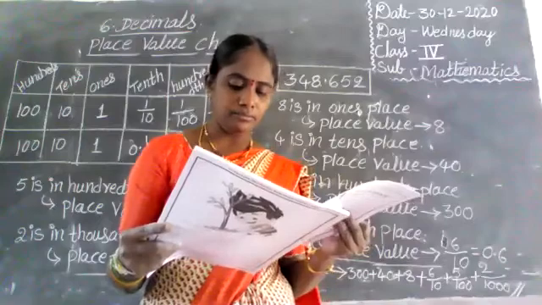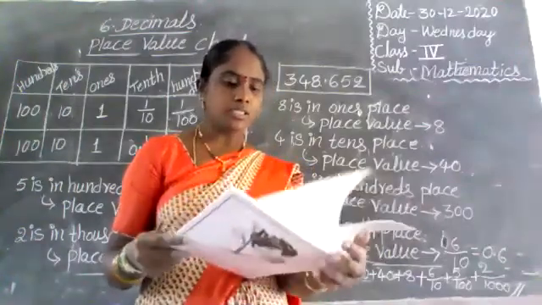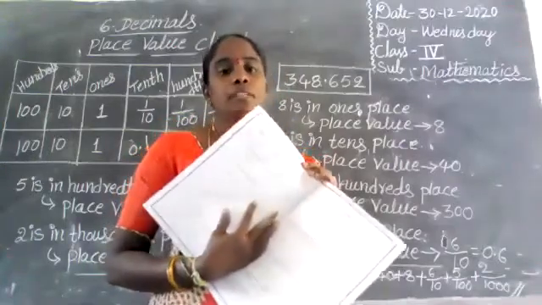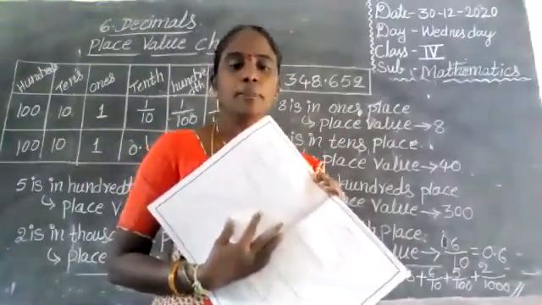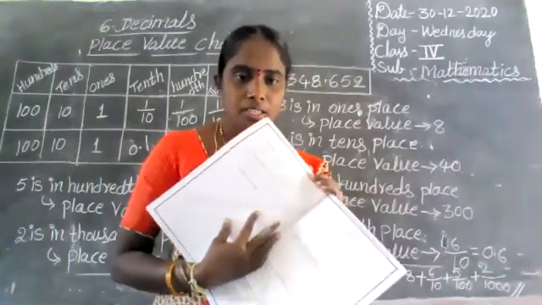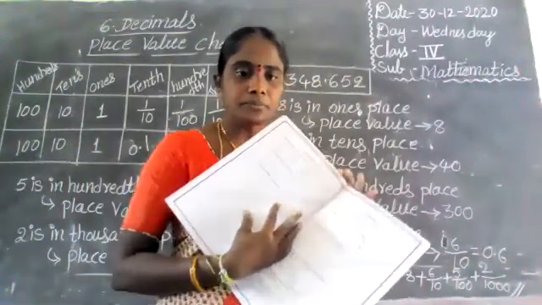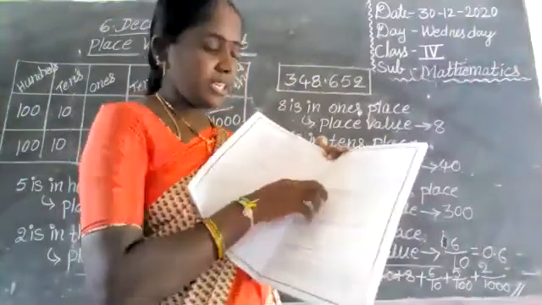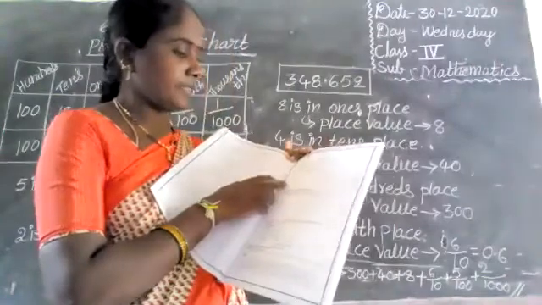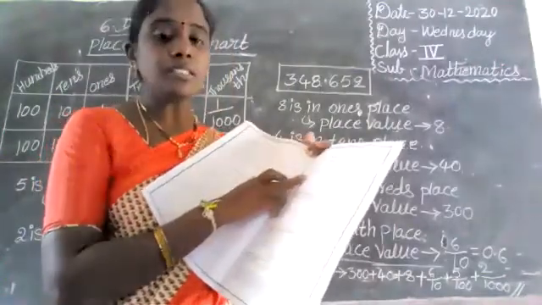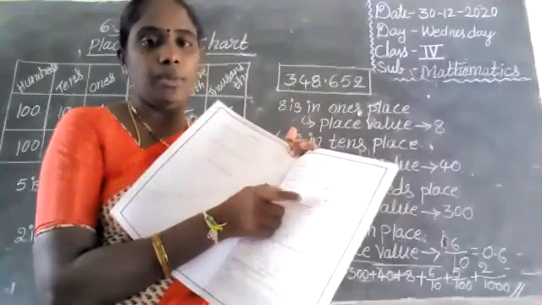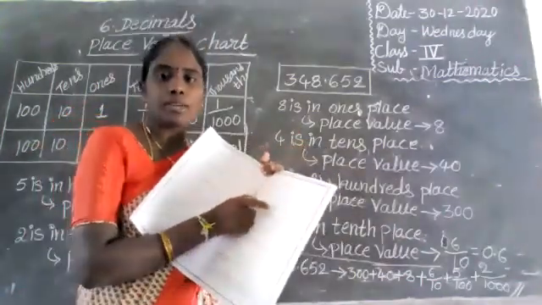Predecessor means the number before. Vandana and Varshita sent theirs. Mani Chandana said she already completed everything. Just write the number before the given number.